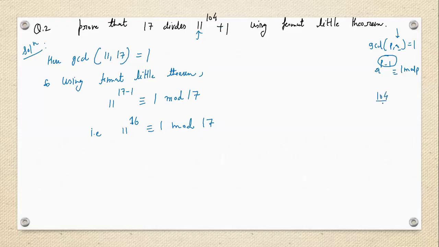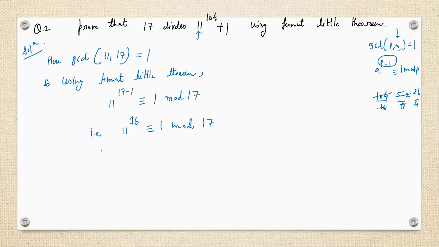Let me divide 104 by 16 and check whether it is perfectly divisible or not. No, it will not perfectly divide. So we have to think something different. We have to reach somewhere near it using 16. So 16 times 6 is 96, I think.